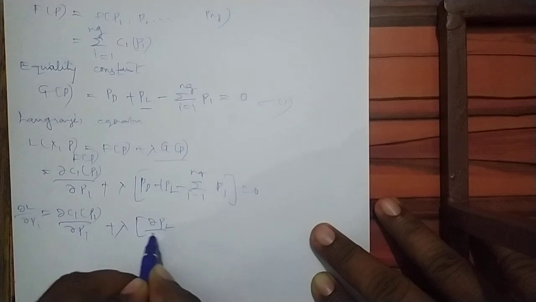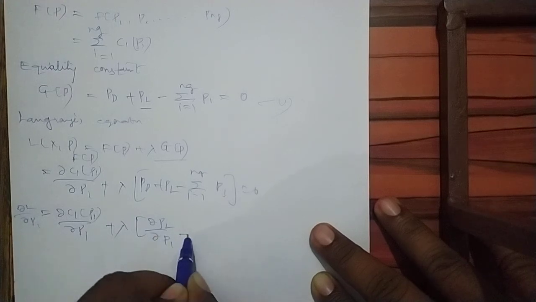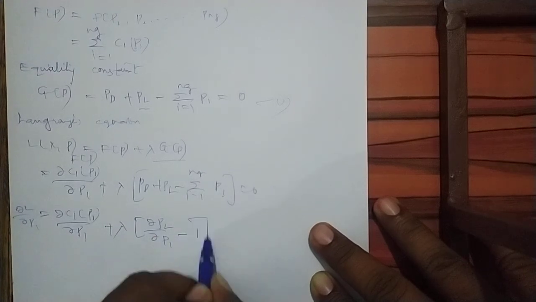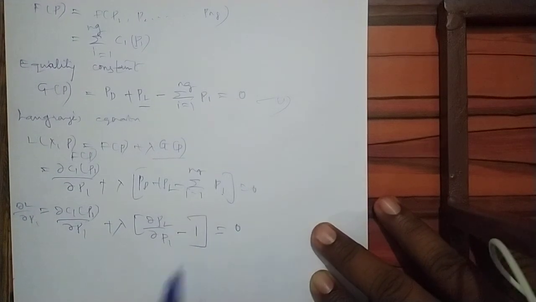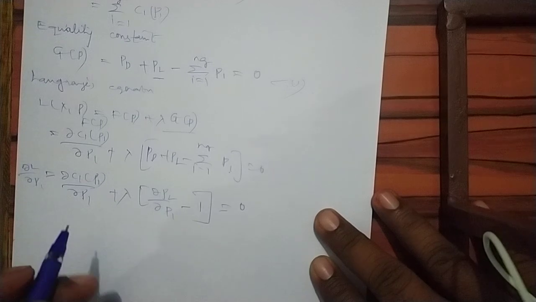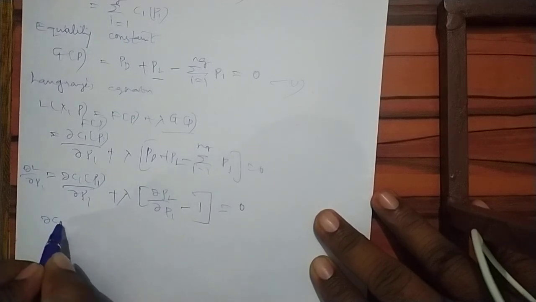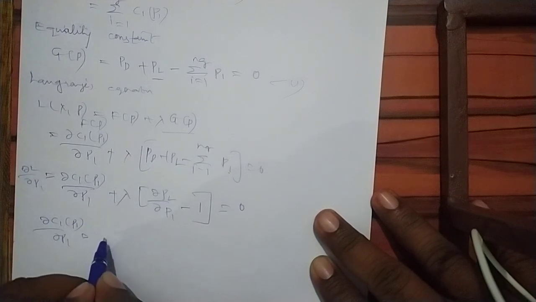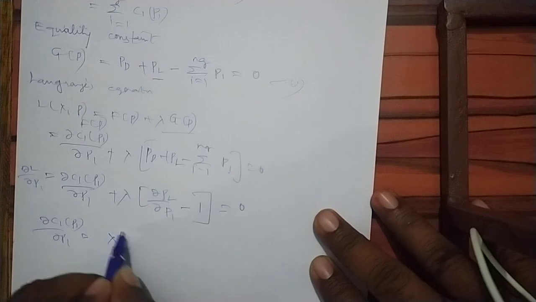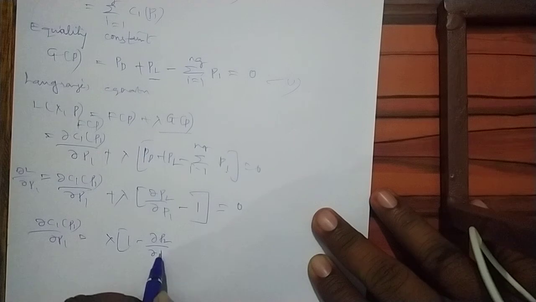Then dou PL divided by dou P1, minus the differentiation of the last term, is equal to 0. So you can write this as dou C1 divided by dou P1 is equal to lambda times 1 minus dou PL divided by dou P1, taking the second term to the right hand side.